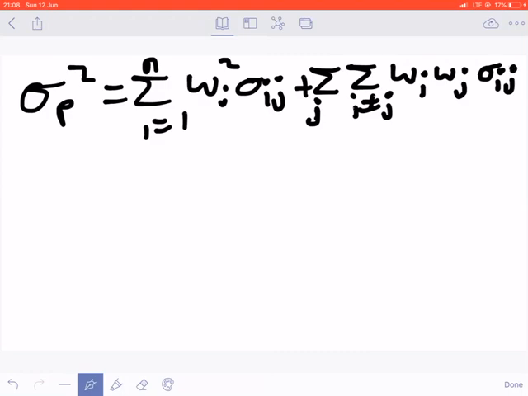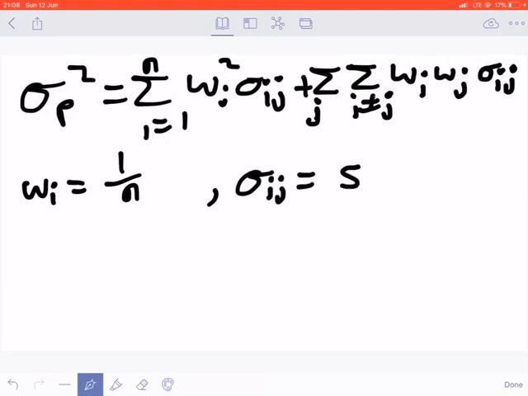Now before we can go forward, we need to make some assumptions. The one assumption that we are going to make in order to simplify our equation is that the weight of each asset is equal to 1 over n, meaning that they have equal weight, right? And now suppose, again for simplicity's sake, that the covariance between asset i and asset j is equal to s squared.